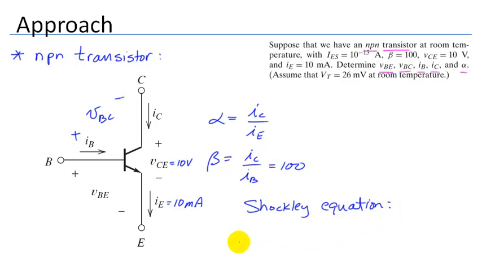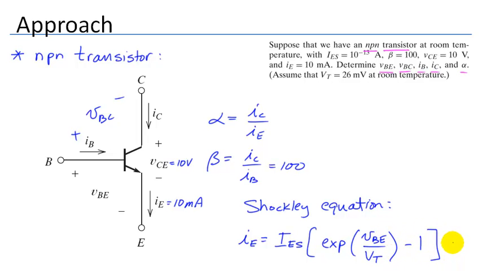Now let's look at the Shockley equation, which describes the transistor emitter current in terms of a number of different parameters. First is I sub ES, then we multiply this by e raised to the base emitter voltage divided by the thermal voltage, VT, and then we subtract 1.